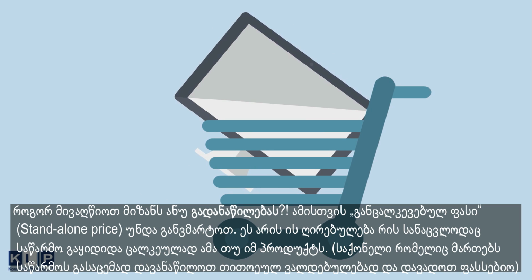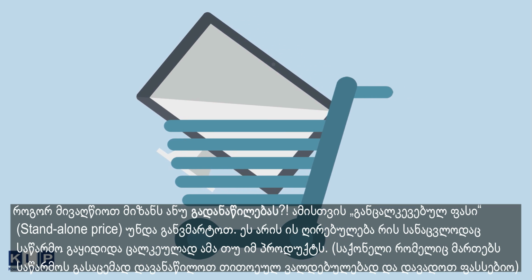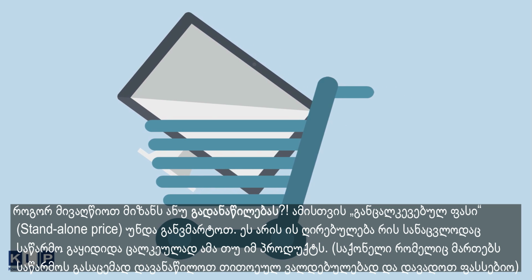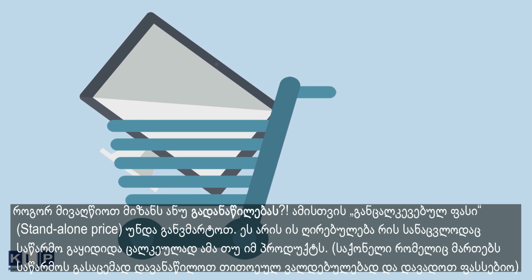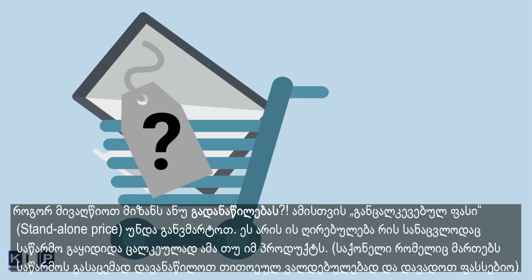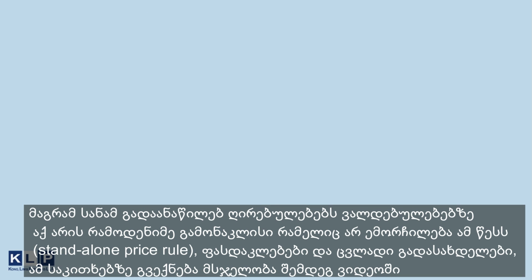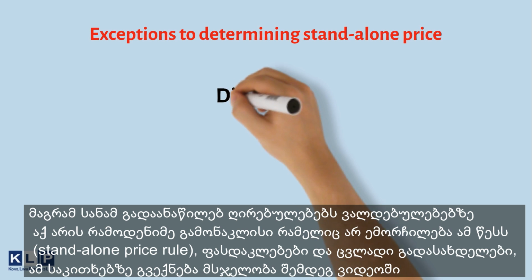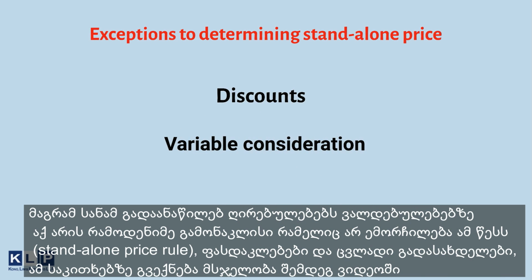The definition of this is the price at which the entity would sell the promised goods or service on a stand-alone basis. Therefore, we must determine the stand-alone price before allocating any transaction price. However, there are exceptions to this rule: allocating discounts and allocation of variable consideration, which will be discussed in another episode of our series.